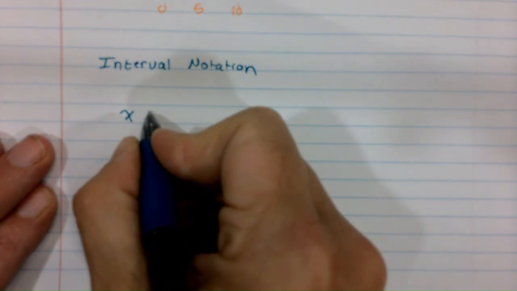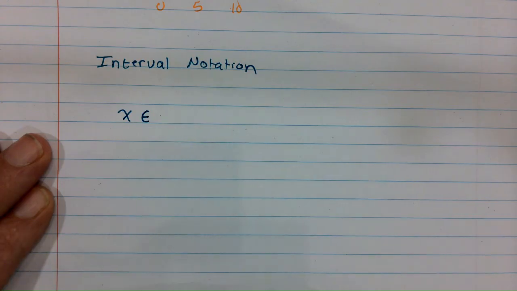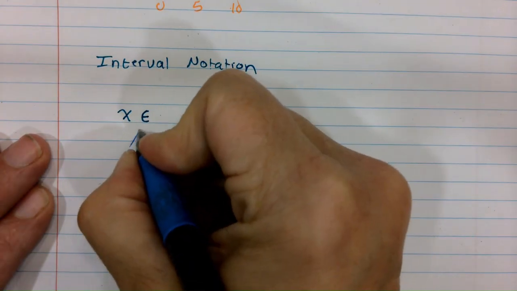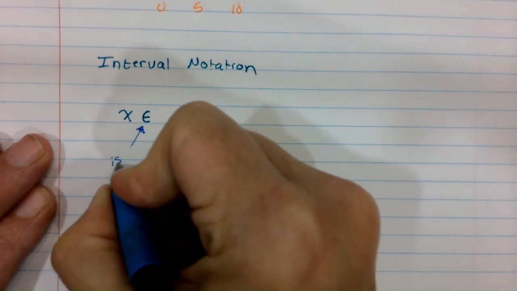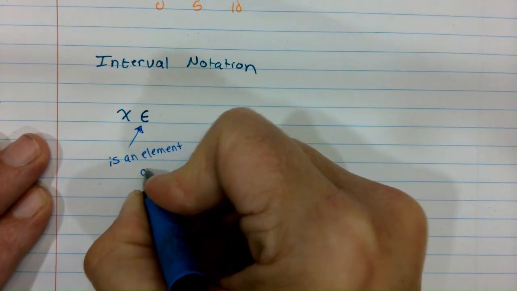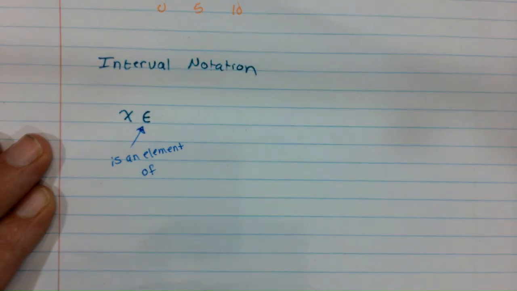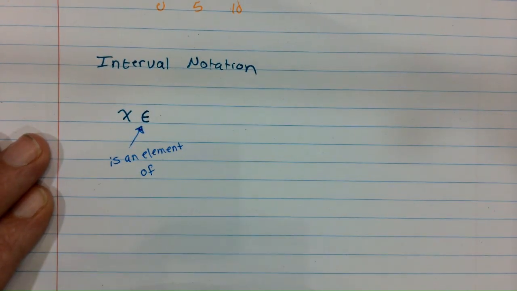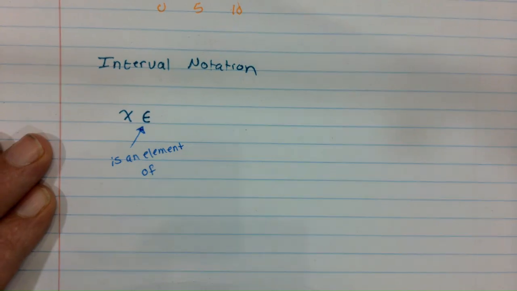So x, because we need to define our variable. And then we have this funny little symbol, it's kind of like a C with a line through it, and that means "is an element of." And then it's going to give me an interval between this and this. That's what an interval is, from here to there.